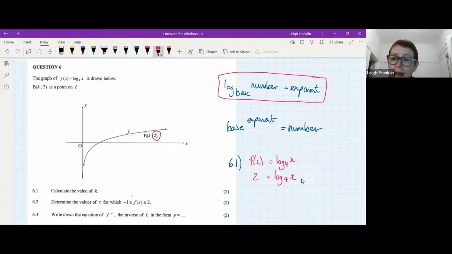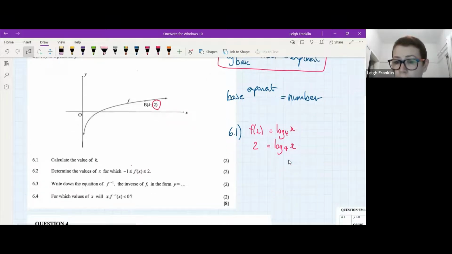So now our number, in other words x or k, is equal to the base to the power of the exponent. Your base is 4 and your exponent is 2. So that means k is equal to 16.